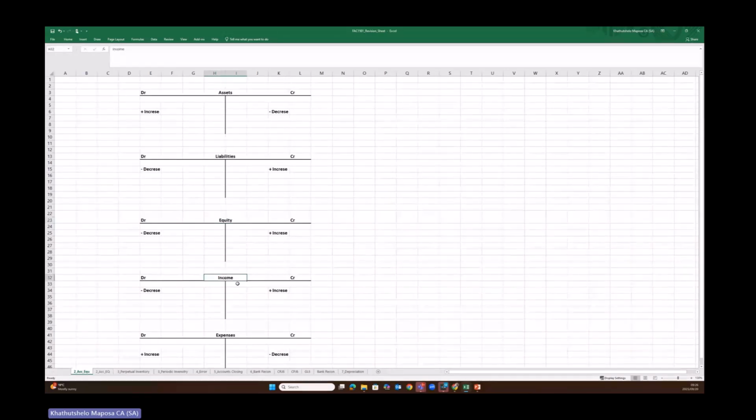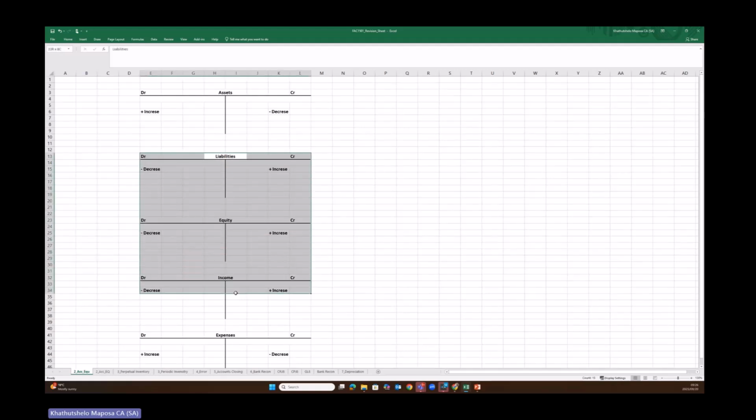Then we have the income accounts. Income accounts increase on the credit side and decrease on the debit side. Look at the pattern. Liabilities, equity, income, they all increase on the credit side and decrease on the debit side.